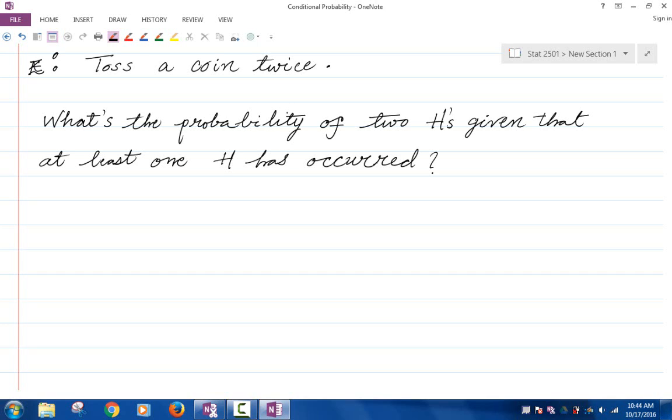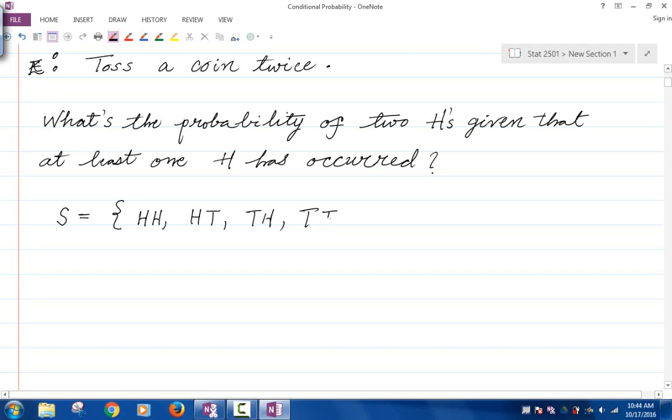So what's the sample space when you toss a coin twice? Well, we know that it is HH, HT, TH, TT, right? That's the sample space when you toss a coin twice.